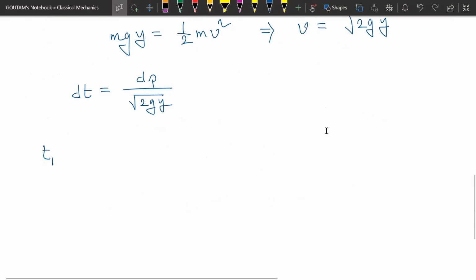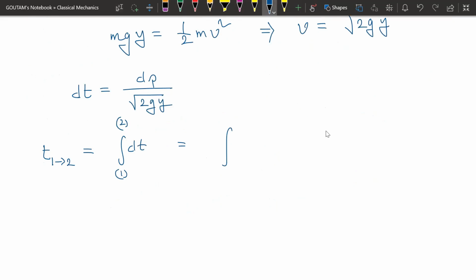t from point 1 to 2 will be the integration of dt from point 1 to point 2, which equals the integration from point 1 to point 2 of ds, which is root under dx square plus dy square, divided by root under 2gy.